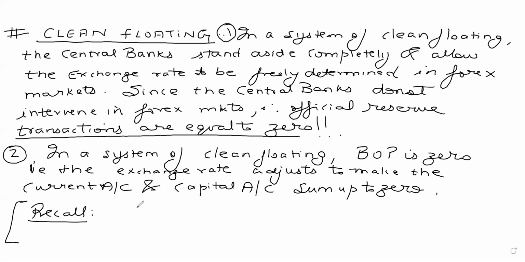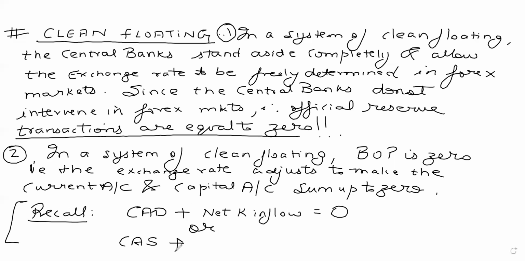Recall that a current account deficit in the balance of payments is exactly balanced by net capital inflow or capital account surplus such that their sum is 0, or a current account surplus is exactly balanced by the net capital outflow or capital account deficit such that their sum is equal to 0. These were the BOP equilibrium conditions.